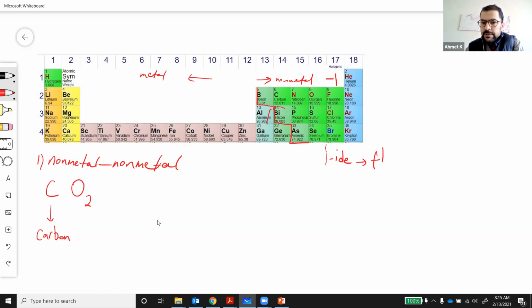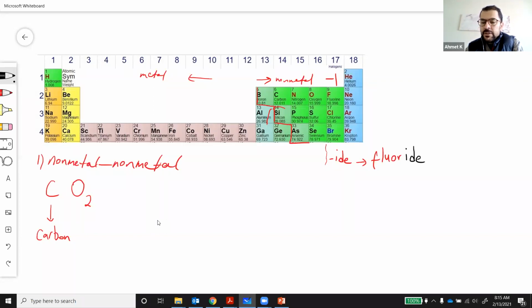So this is fluorine. We are going to drop the last three letters and make fluoride. So it's not going to be fluorine anymore; whenever it's charged, it becomes fluoride. Make sense? If it's chlorine, it becomes chloride. If it's bromine, it becomes bromide.